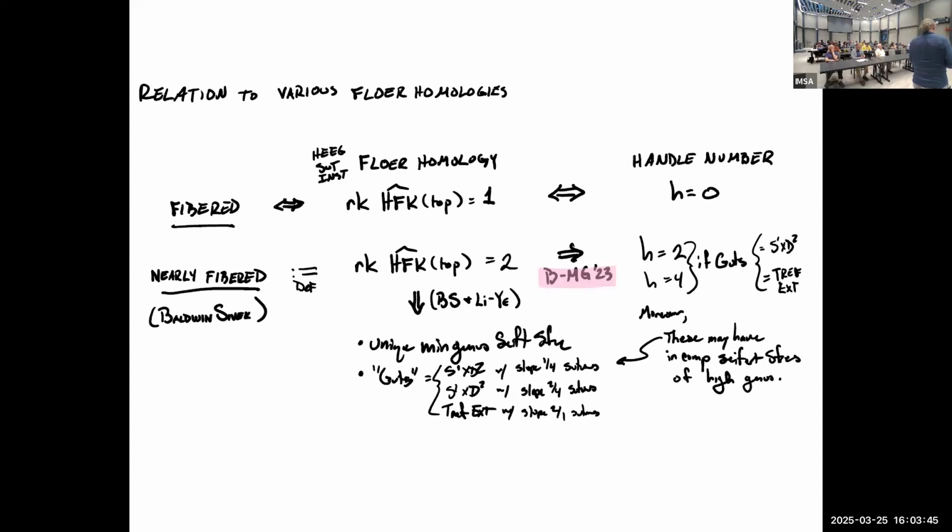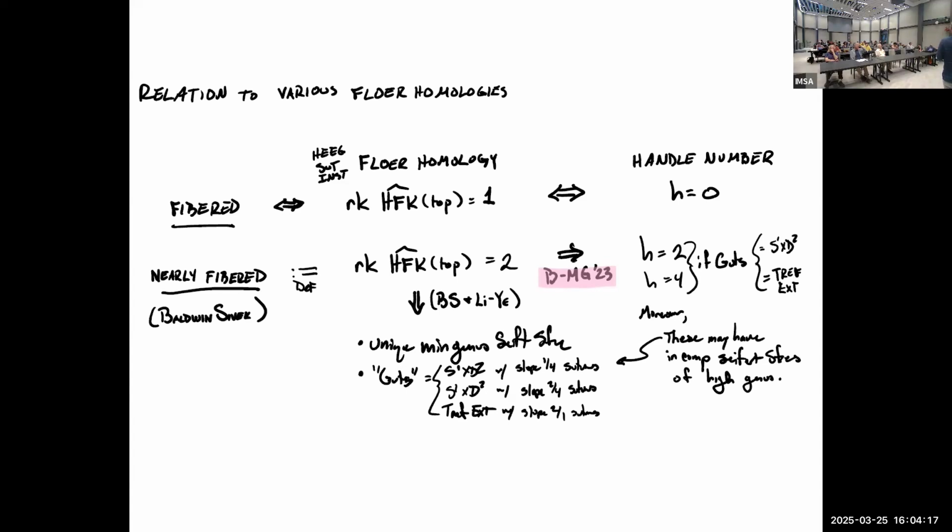And what we saw is that these nearly fibered knots don't all have handle number 2. And we were able, together with Fabiola, to show that the handle number is 2 exactly when the guts were of the first 2 types, but the handle number could be 4 when you're going to have guts of the third type. But even more so, which was interesting, is that in the very first type of guts, it was possible for there to be alternative incompressible Seifert surfaces.